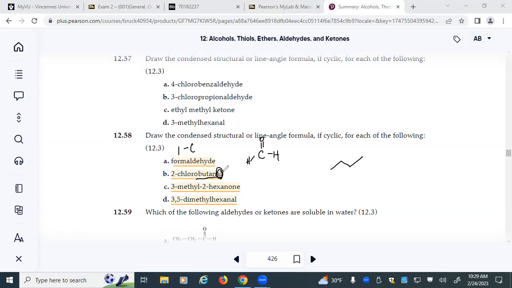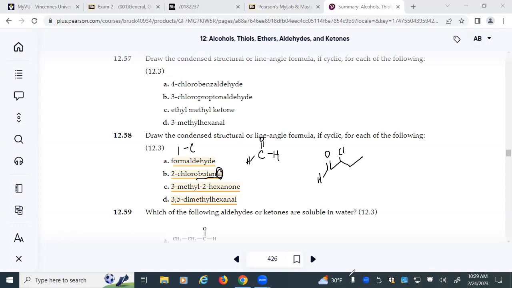Now at the end of the chain, you're going to have that aldehyde group. And that means that if this is carbon number 1, this must be carbon number 2. And that's where the chloro group would go.